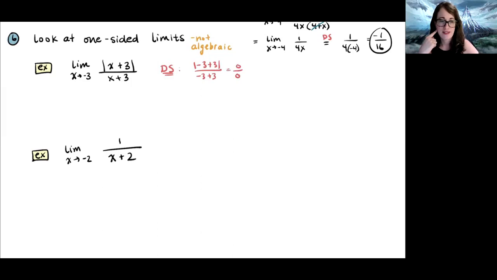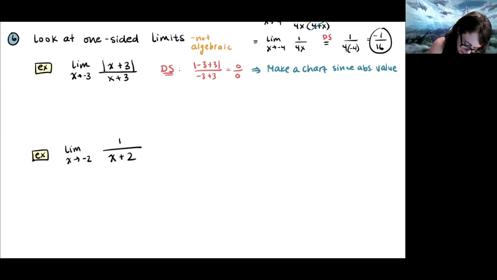So we basically just have to make a number chart and see what's going on from either side. This is a hole or a jump, but here you want to make a chart and see what's going on. So make a chart since absolute value is involved.